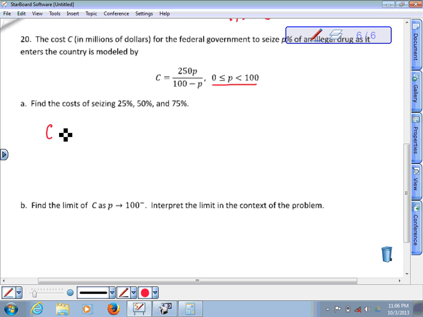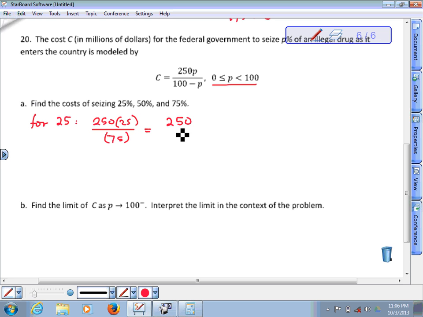So for 25%, if these federal agents want to seize 25%, then according to this model, it's 250 times 25 all over 100 minus 25, which is 75. And then 25 over 75, there's just 1 over 3.